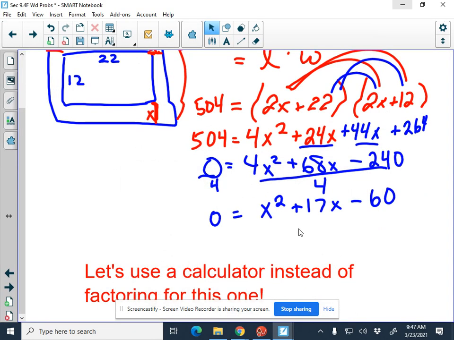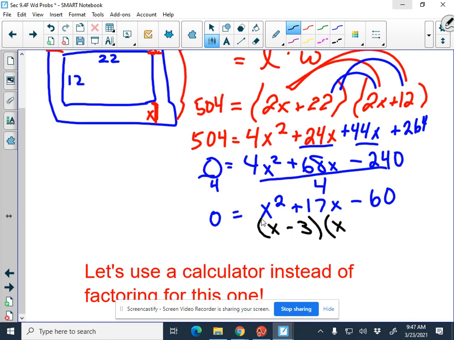Now I will try to factor this one just to show you we could have factored it. Three times what? 60. Any idea? 20. Now that would be 20 minus 3 is 17. But this one, it's going to be x is 3.